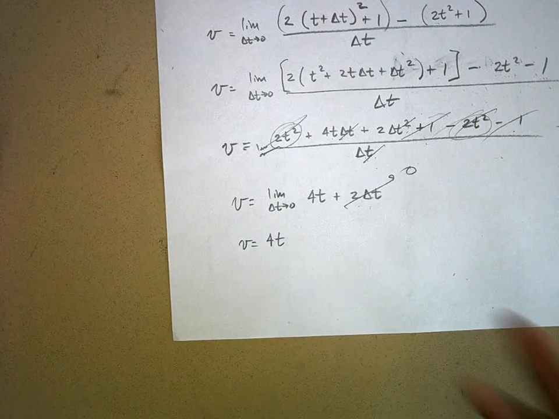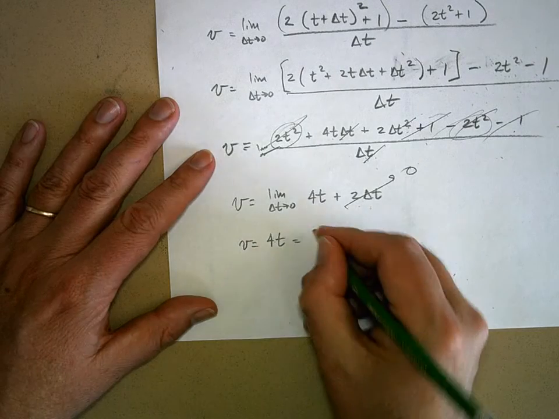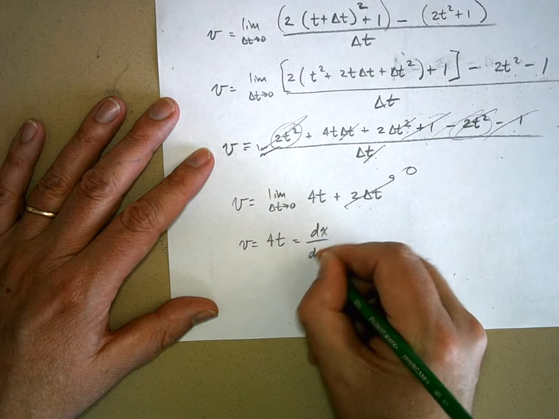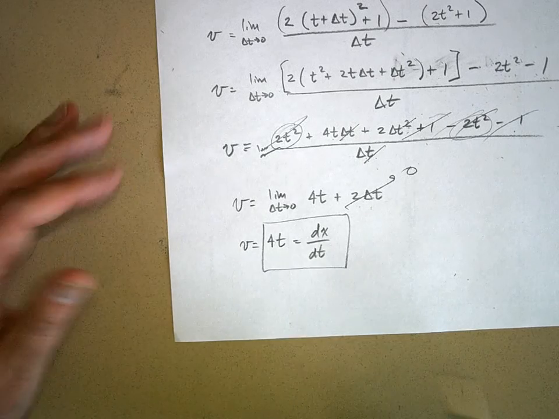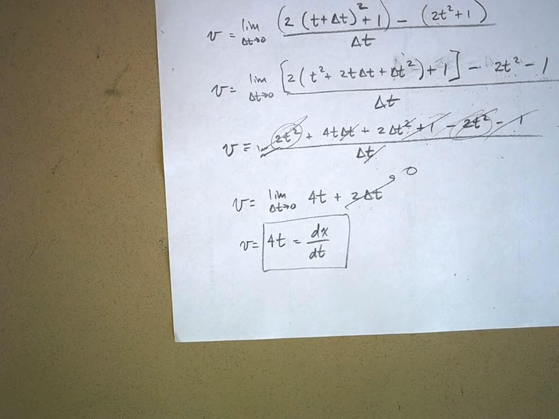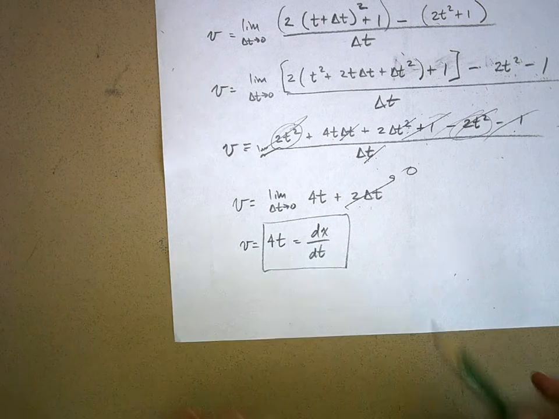That's my derivative. This is called dx dt, and it is 4t. Now, I'm done doing limits. Okay? Limits are horrible. Look how much work it took to do this simple little thing.